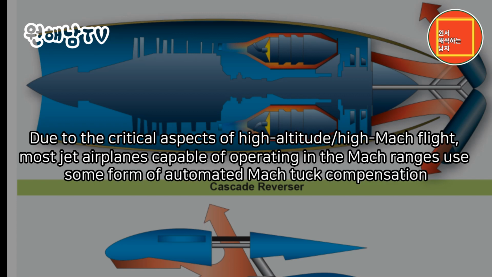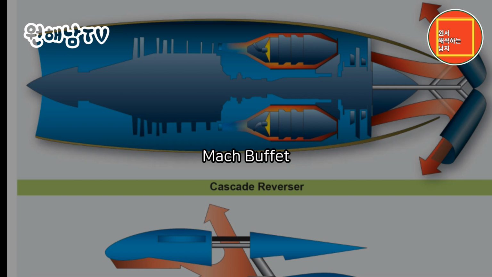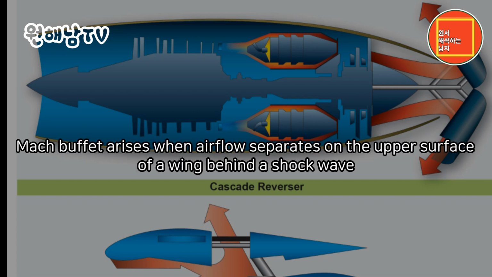Due to the critical aspects of high-altitude, high-Mach flight, most jet airplanes capable of operating in the Mach ranges use some form of automated Mach tuck compensation. If the system becomes inoperative, the airplane is typically limited to a reduced maximum Mach number. Mach buffet. Mach buffet arises when airflow separates on the upper surface of a wing behind a shock wave.